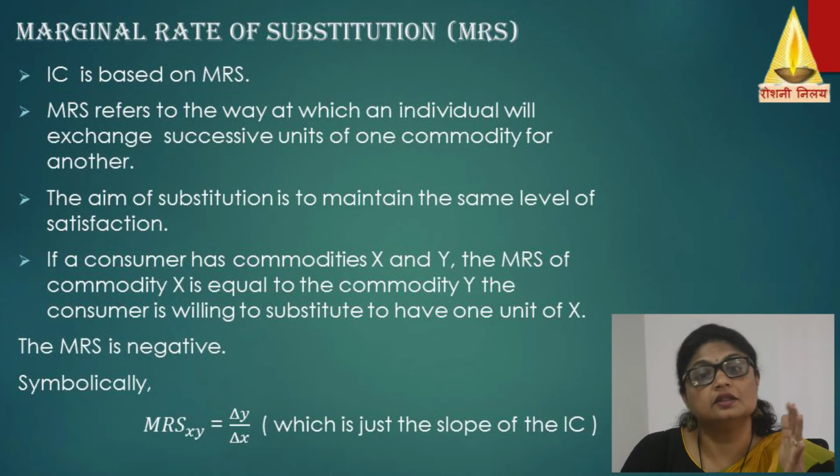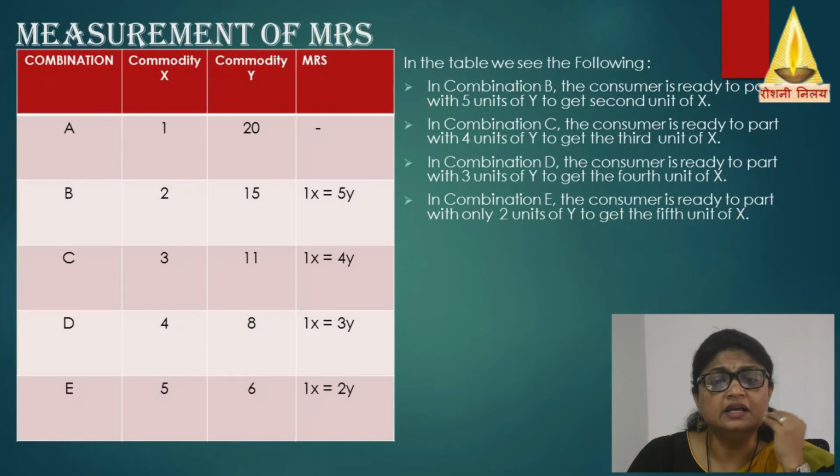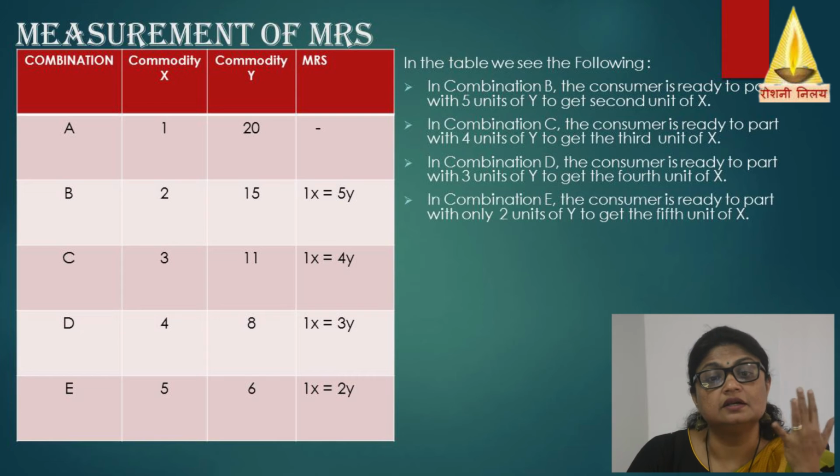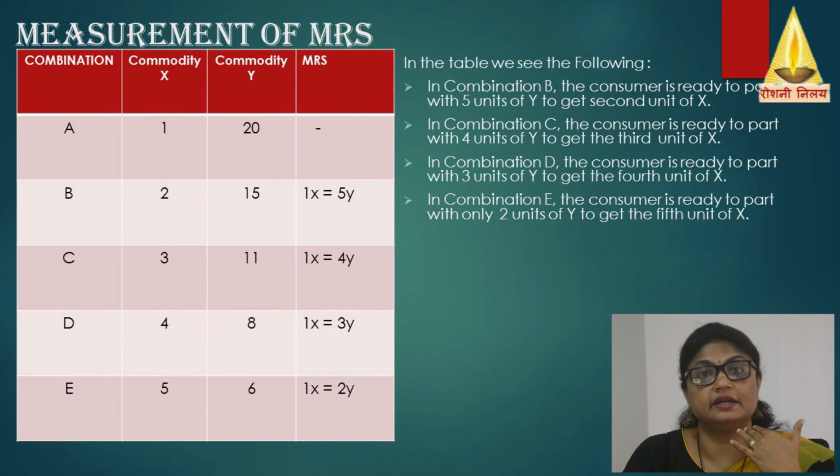Now, you can see this in the table, that in combination B, to get an extra unit of X, you are sacrificing or substituting 5 units of Y. When you go to combination E, for an extra unit of X, you are sacrificing 2 units of Y. So when you see commodity X increases, the commodity Y decreases.